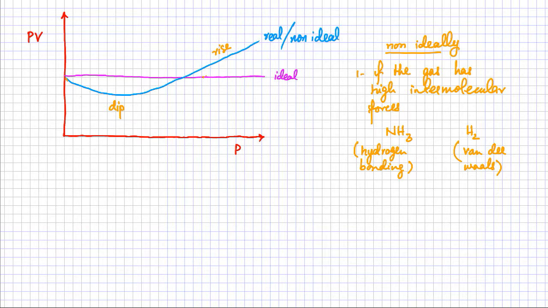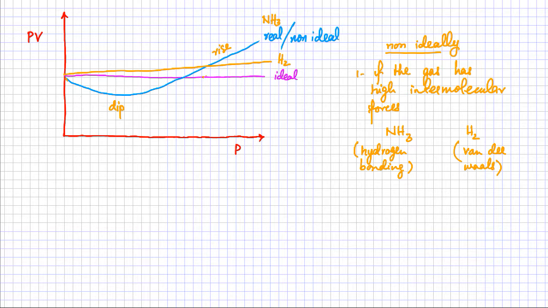If I draw the graph for hydrogen, there's going to be a very slight deviation from ideal gas behavior. It's going to be something like this. Whereas ammonia is going to be very non-ideal. So this graph would probably be of ammonia. Ammonia is going to deviate a lot because it has hydrogen bonding, it has very high intermolecular forces, so its behavior is going to deviate a lot from ideal gas behavior.